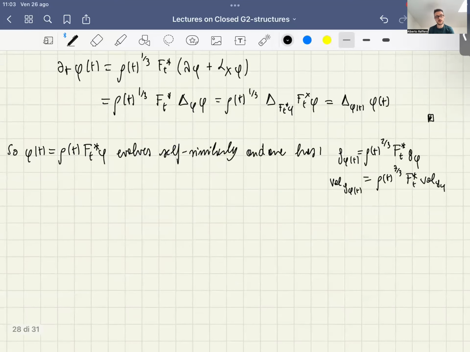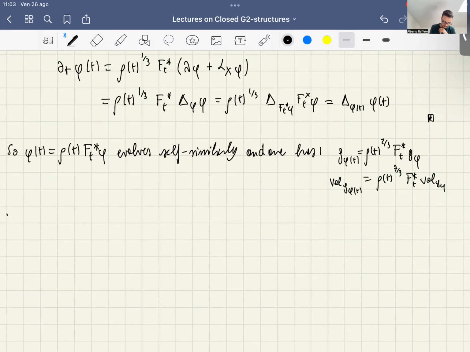So we have these special types of closed-G2 structures that give rise to self-similar solutions of the Laplacian flow that, similarly as in the case of the Ricci flow, are expected to play a role in the formation of singularities of the flow.